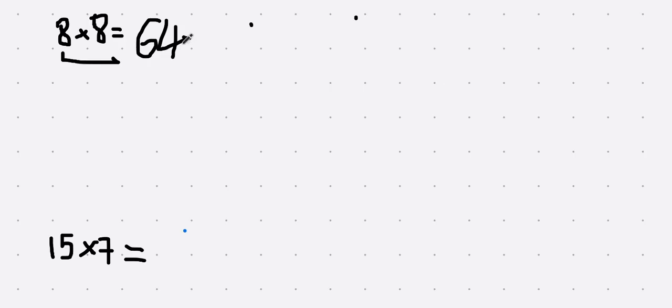The second example is a little more complicated. In this one, we're going to start off as if you're a beginner. We want to start off with a little square. Now we can break this up into its components. We have a tens digit, which is 1, and a ones digit, which is 5, and we have a ones digit here.